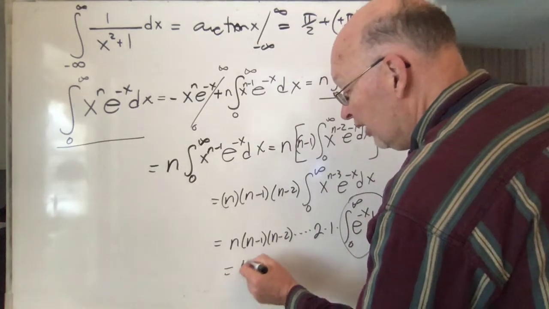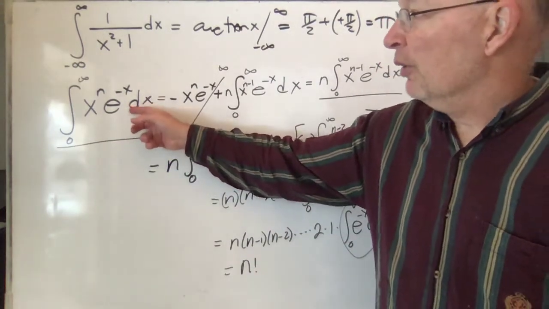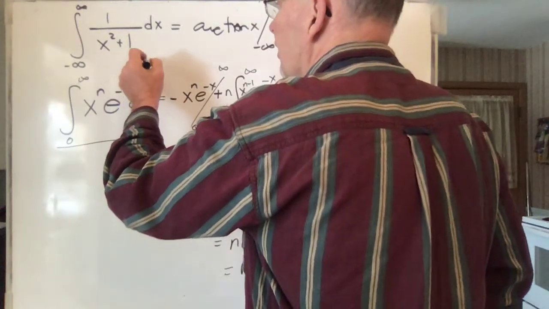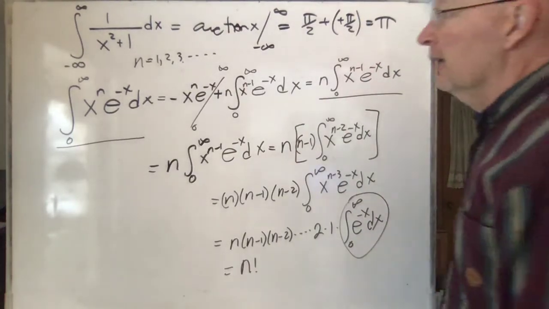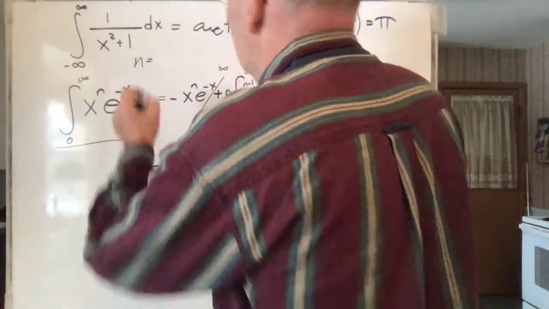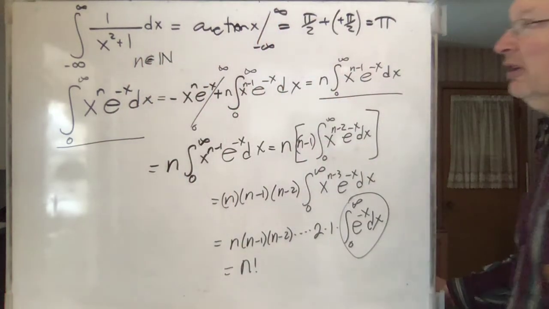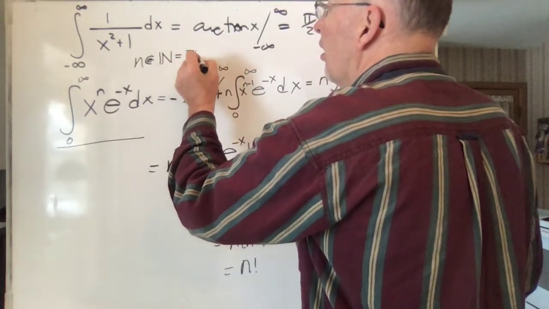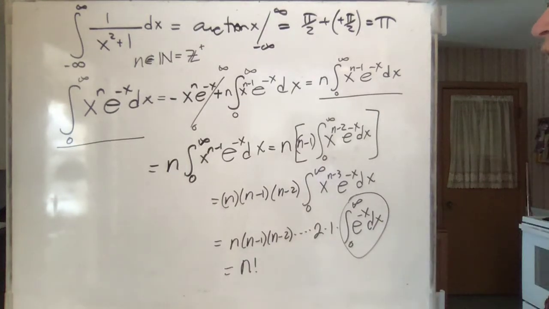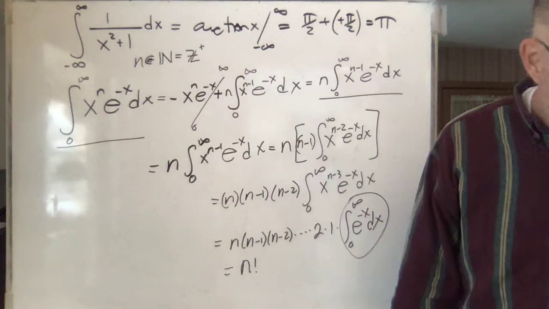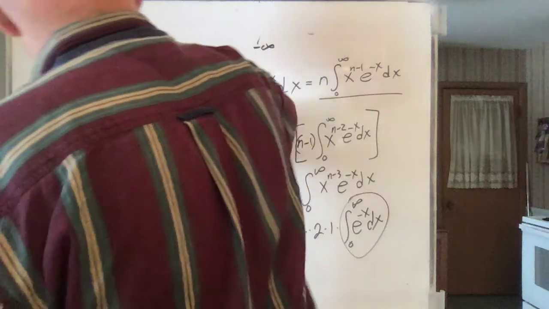So this is just equal to n factorial. How cool is that? So this integral here, this is for when n is a natural number, or a positive integer. It's just going to be n factorial. How cool is that? A really neat result. Okay, very good.